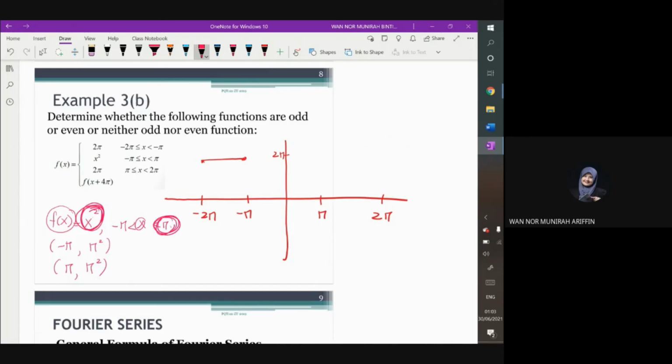So negative pi is here, and pi is here. And then your pi square is about 9, like that. Let's say we put your pi square here, so it is something like this. Okay, for this one. And then the last one equals 2 pi.